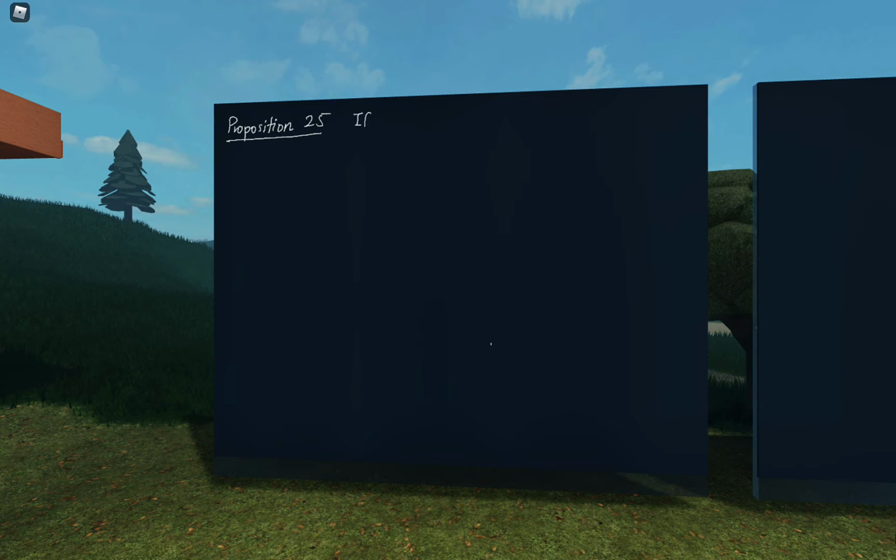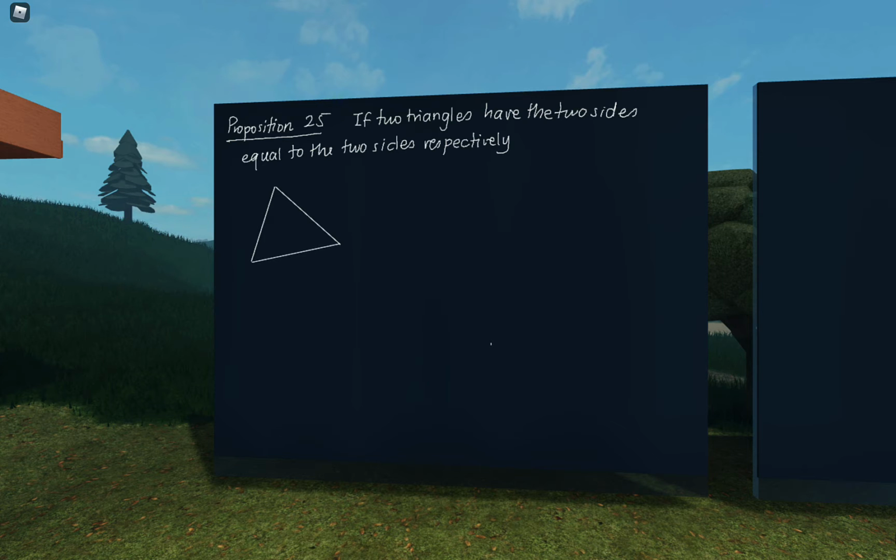It says, if two triangles have the two sides equal to the two sides respectively, A, B, C, and D, E, F. So I'm still writing the statement, but I'll do the translation into sentences that involve letters of the vertices as I go along.